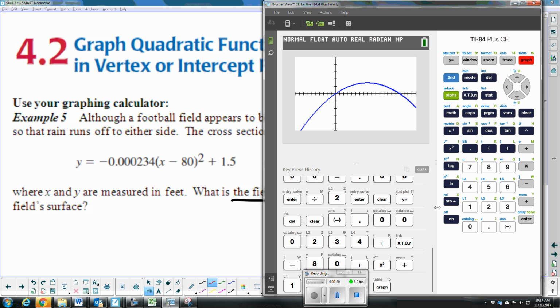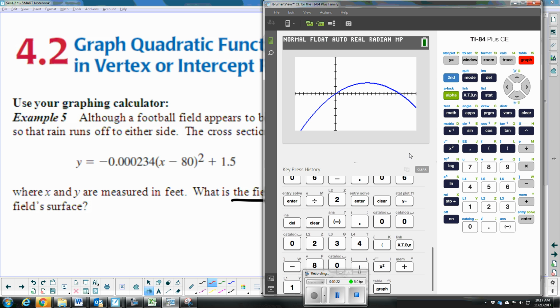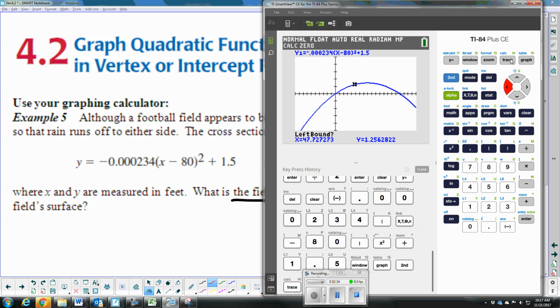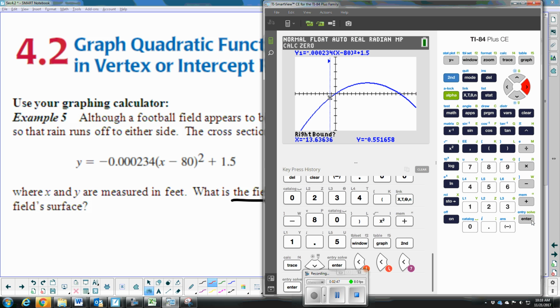Since we're working with intercept form, let's first find our intercepts. To do that, go to second calc, it's right above the trace button, and we're looking for the zeros. So number 2. And then it asks you for your left bound. So scroll over till you're on the left-hand side of your first 0, and then hit enter.